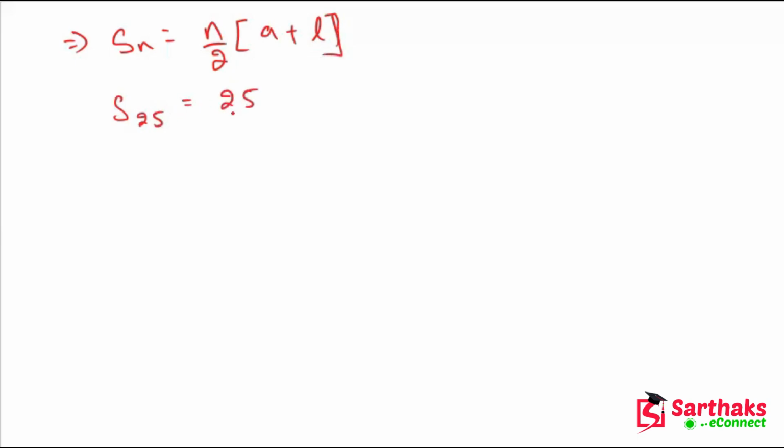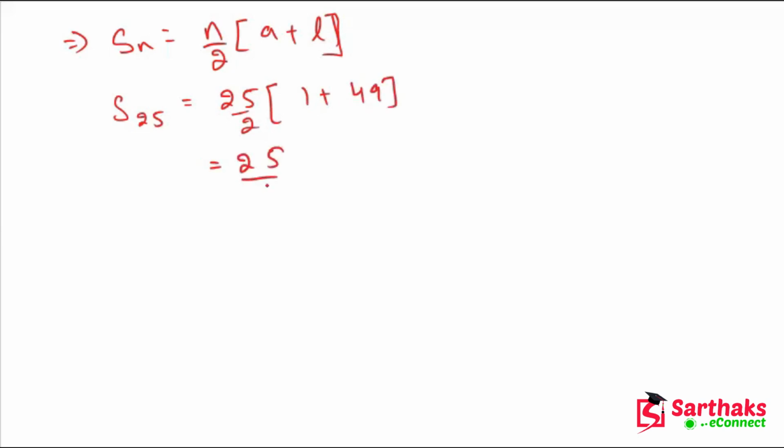So now we have to find Sn. We have Sn is equal to n upon 2, and the formula of Sn is (a plus l). We know a and we know l. So we have to find S25. Okay, 25 upon 2, where a is 1 and l is 49.